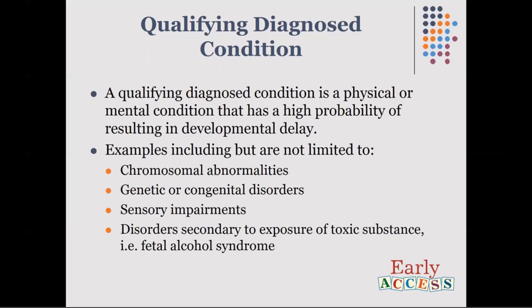Examples of qualifying diagnosed conditions that infants and toddlers may have that have a high probability of later delay include but are not limited to conditions such as chromosomal abnormalities, genetic or congenital disorders, inborn errors of metabolism, sensory impairments, disorders reflecting disturbance of the development of the nervous system, and disorders secondary to exposure to toxic substances, including fetal alcohol syndrome.